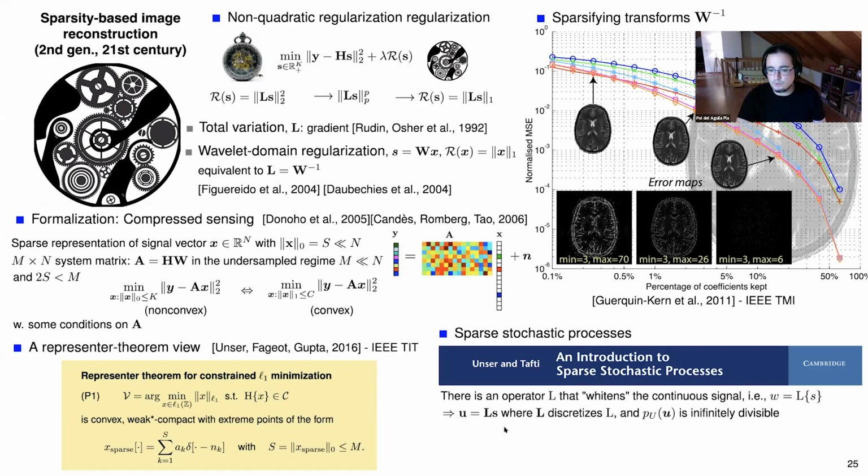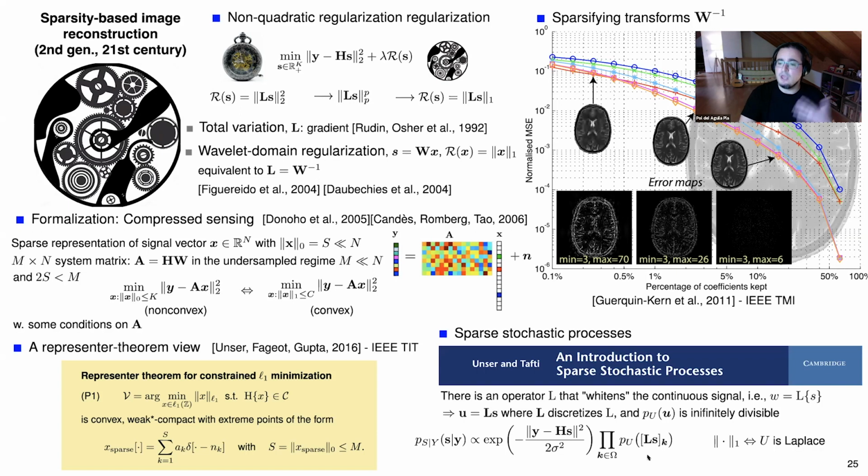Approximately, this is equivalent to the maximum a posteriori formulation, which basically comes out to be the same problem as that up here, but a bit generalized because here the distribution of U can be chosen differently. So in specific, if we choose U to be Laplace, this will be equivalent to the one norm. But this setup gives us the option to choose other options for U, which also induce sparsity and are different than the Laplace model.